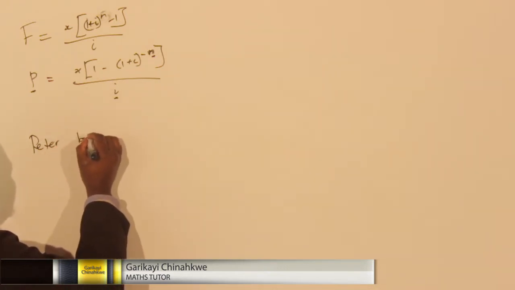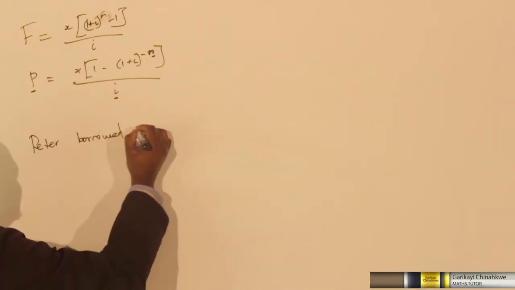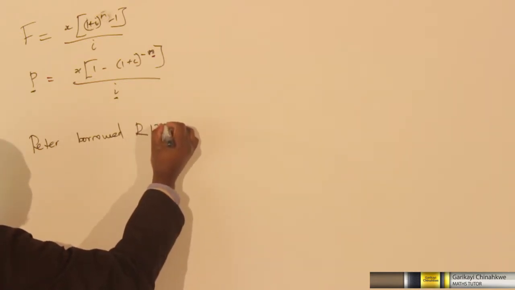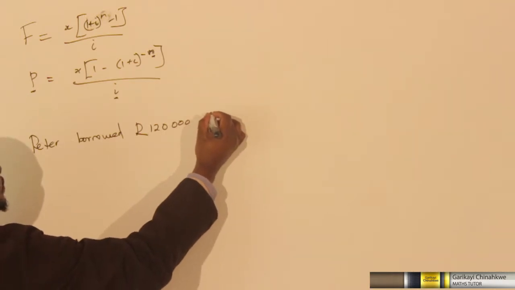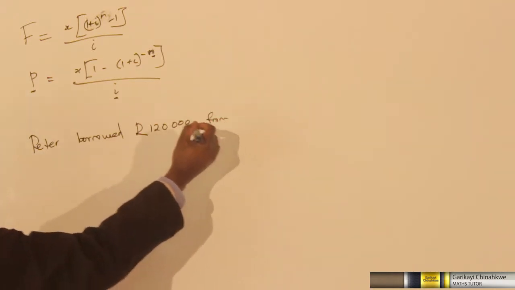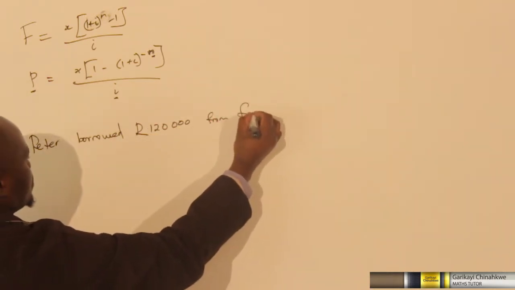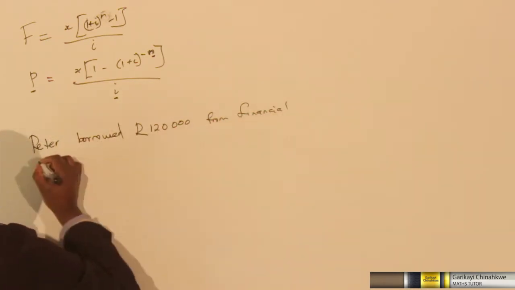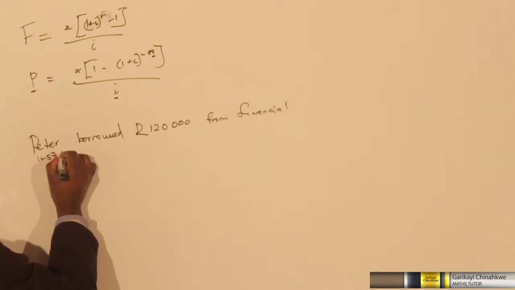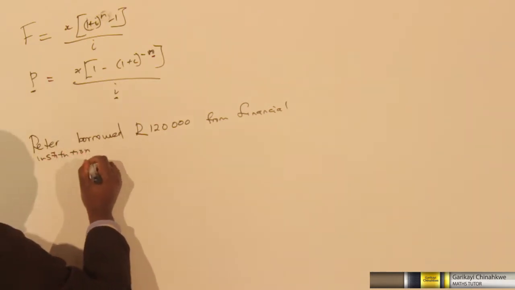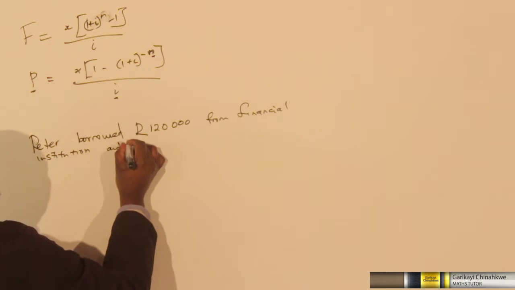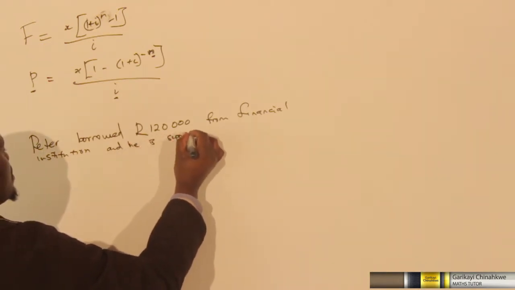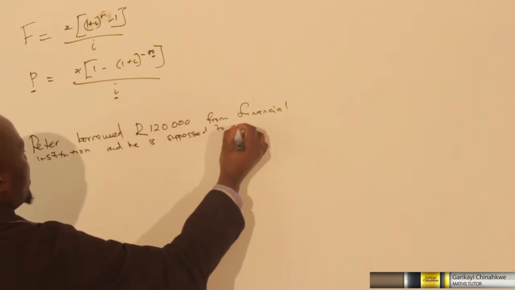Peter borrowed, maybe let's say he borrowed 120,000 from a financial institution, and he is supposed to repay.